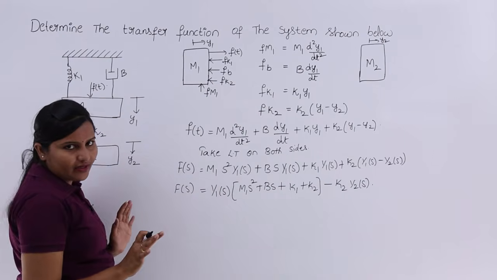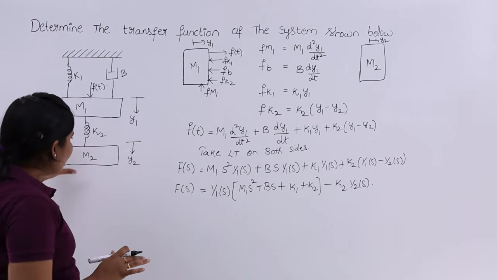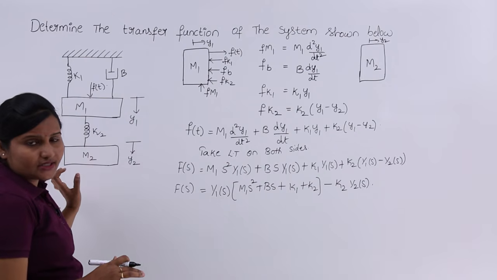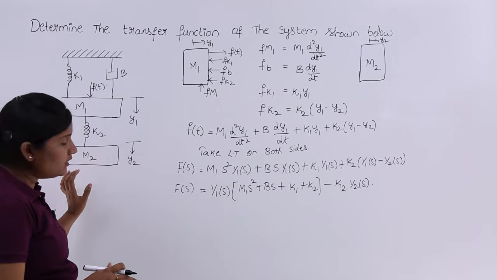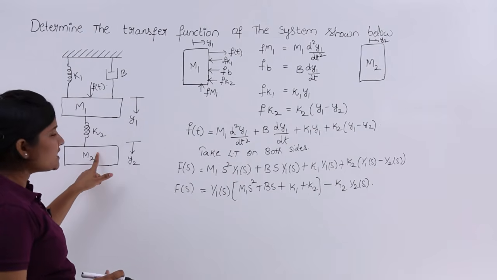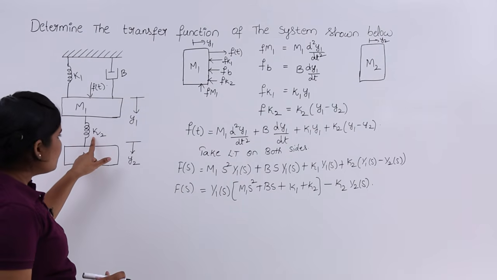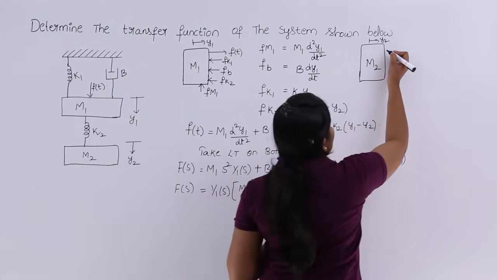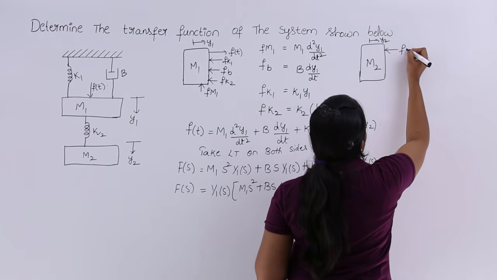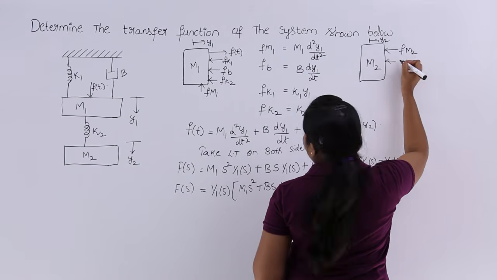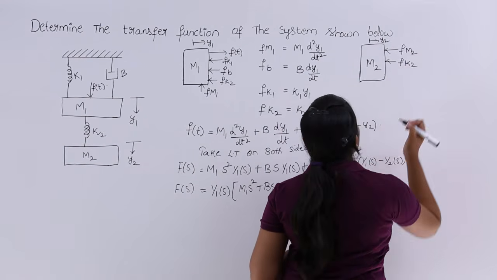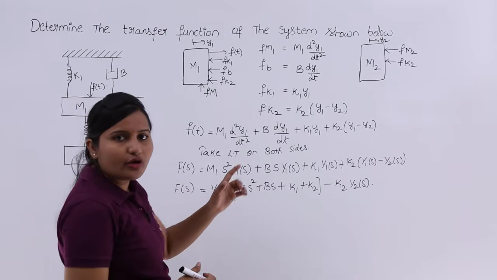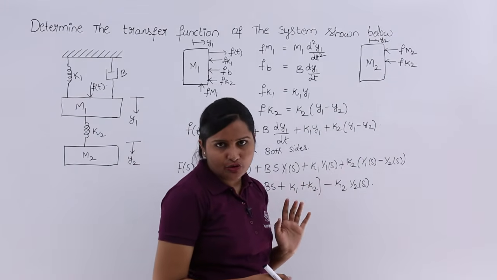Whatever opposing forces are there, only those I need to consider. So my opposing forces are related to k2 and the internal force, that is Fm2 and Fk2. You can see no other forces act on mass m2.